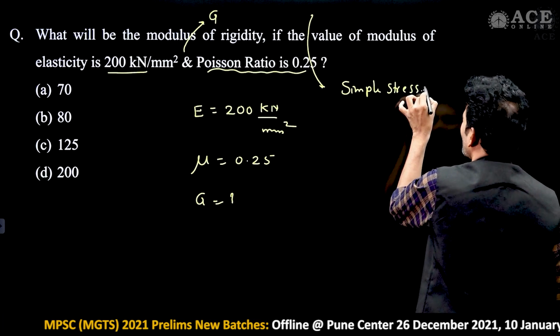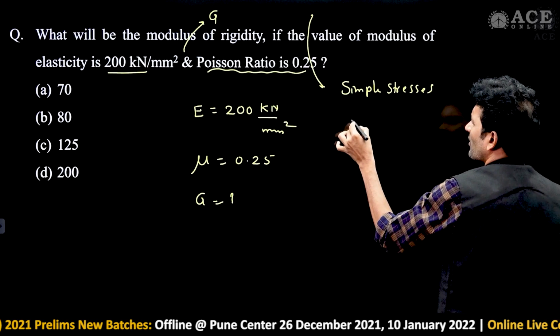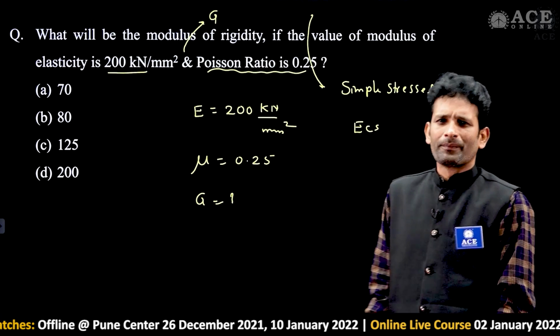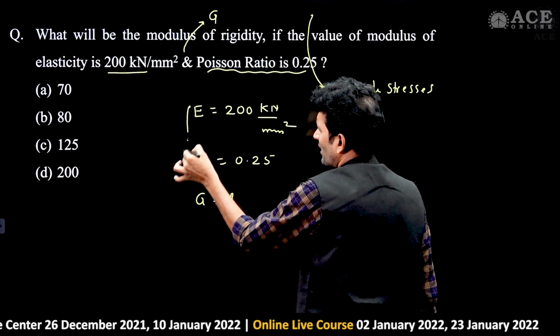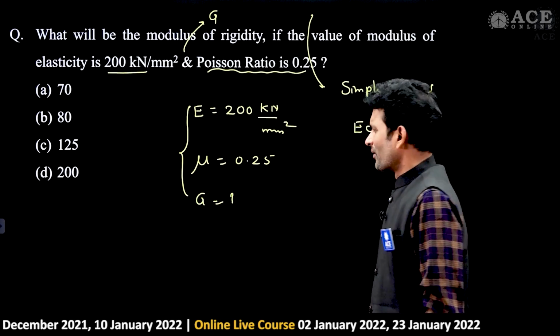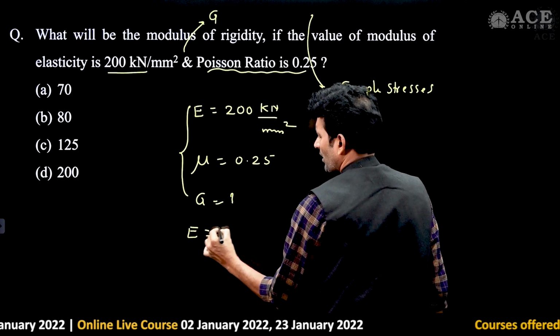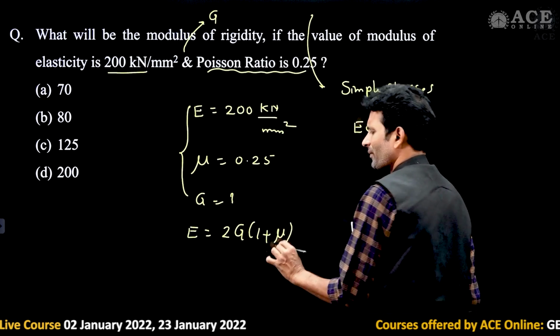In that also, this question is from the concept of elastic constants. First, identify the relation between these three elastic constants: E equals 2 times G into 1 plus mu.